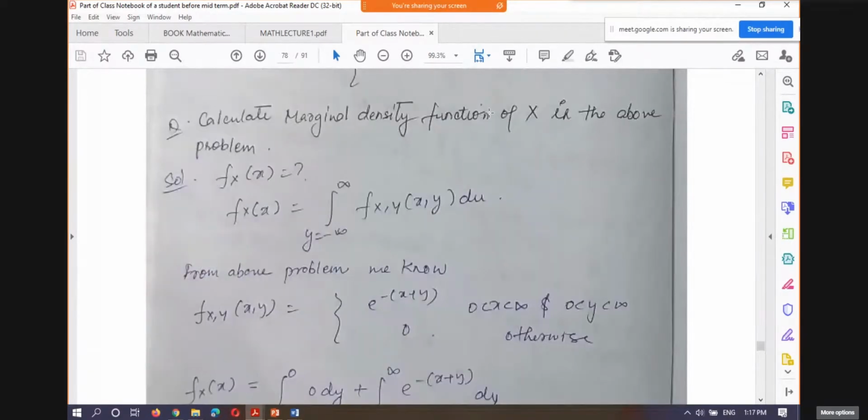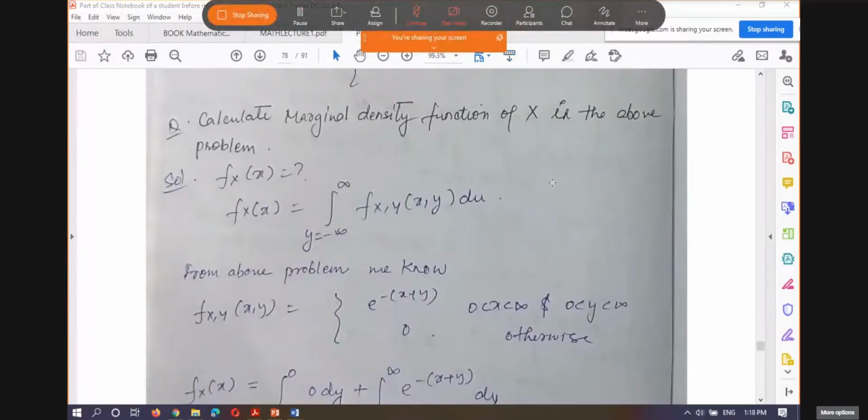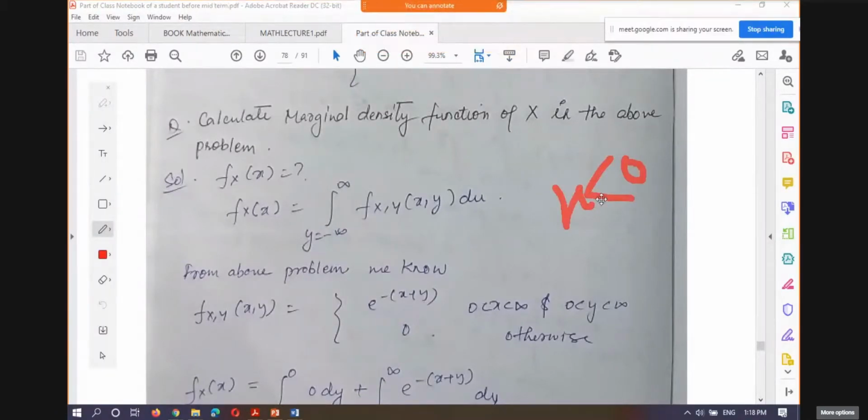If you want to calculate when x is less than 0, you know that f of x, y is 0. So in that case f of x is 0, because if x is less than 0, then this value is 0 from the definition.